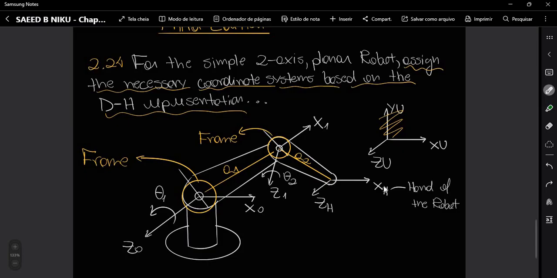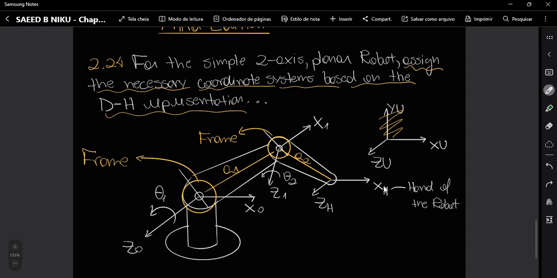By now, you know that in order to solve this type of exercise, first we need to assign reference frames to each joint of the robot.